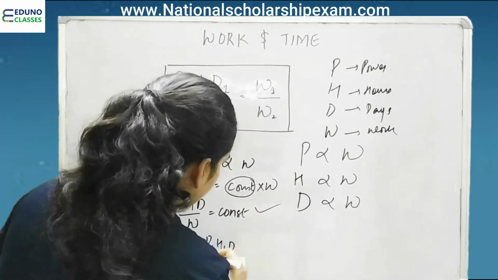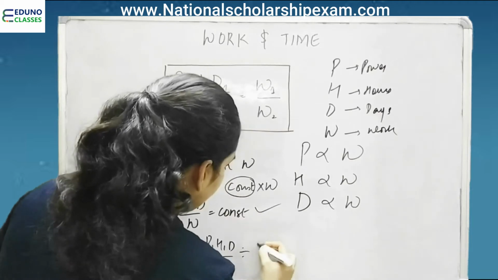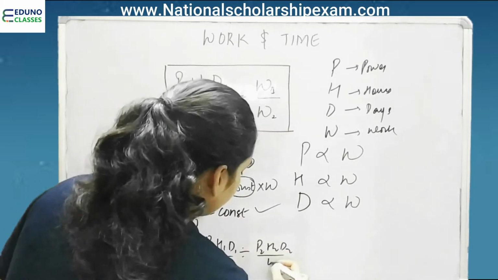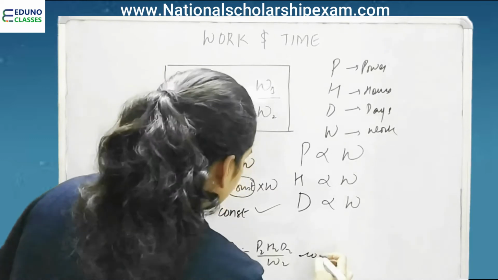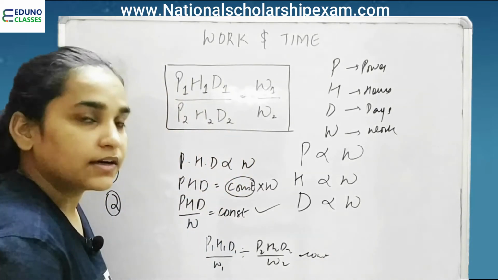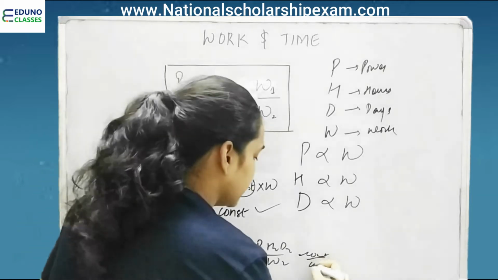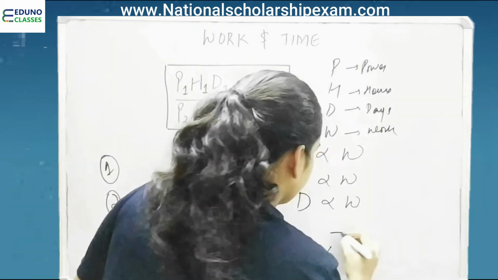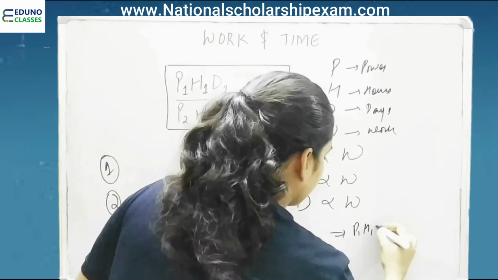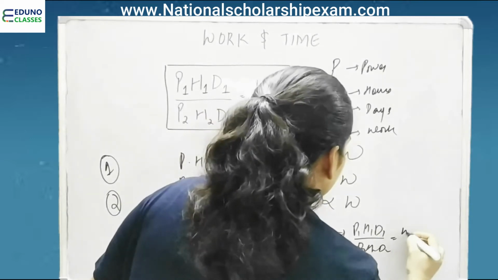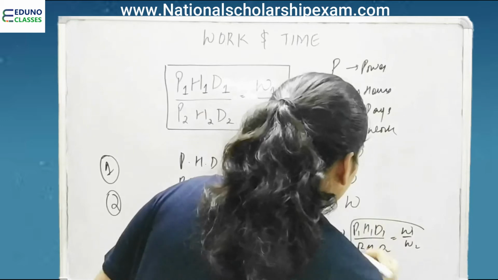P1 H1 D1 upon W1 divided by P2 H2 D2 upon W2 is equal to some constant divided by the same constant, and this will get cancelled, and we will have P1 H1 D1 by P2 H2 D2 is equal to W1 by W2.